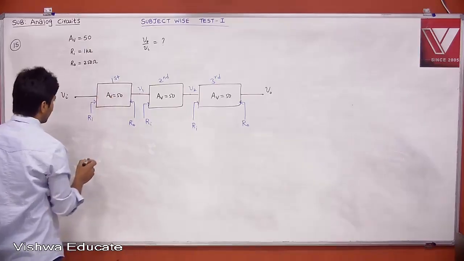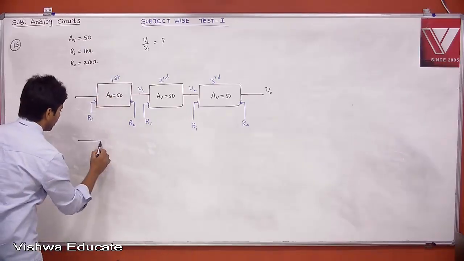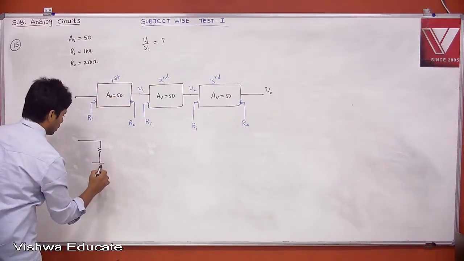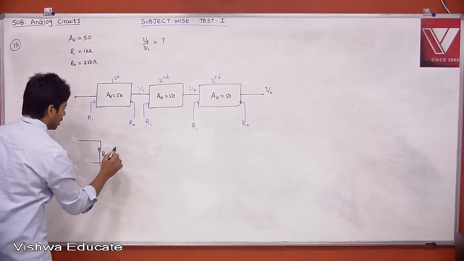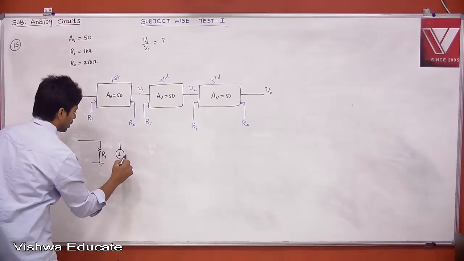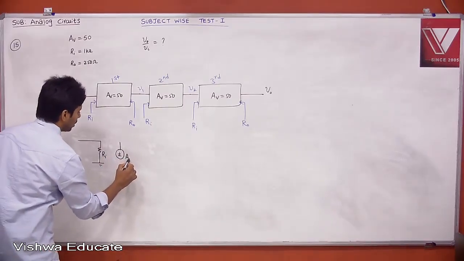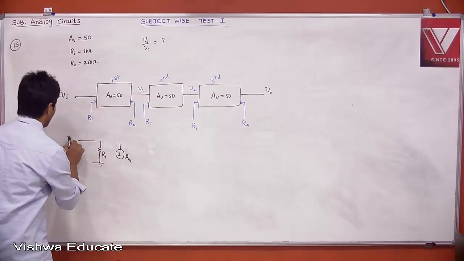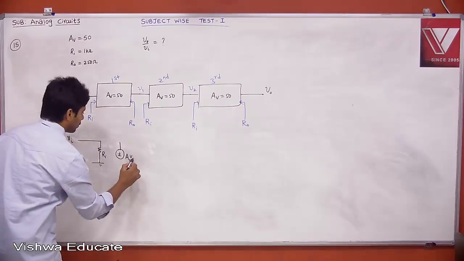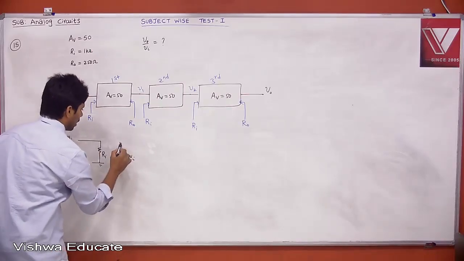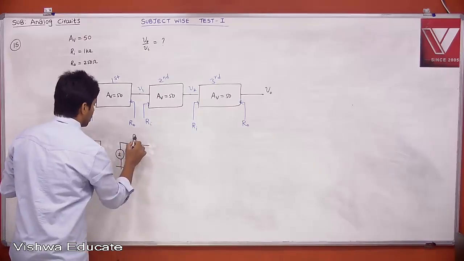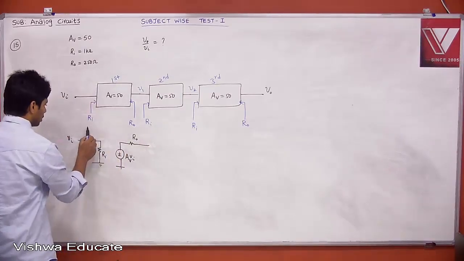Okay. Then can I write it equivalently? Can I replace your circuit like this? This has some input impedance, this is your Ri. And you have the voltage gain AV into the Vi, this is your Vi, and we have an output impedance.